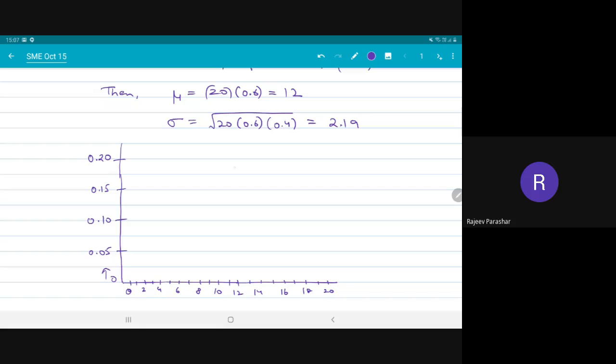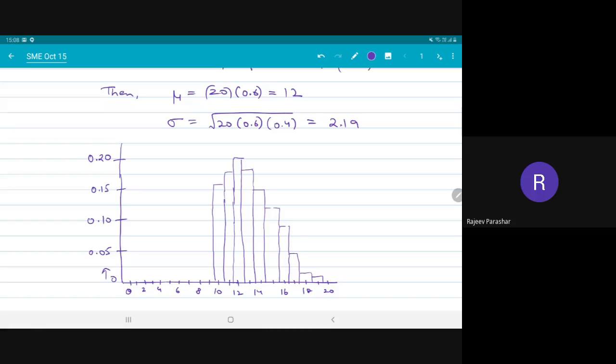Just above 12, have this, and then we continue to come down this way.